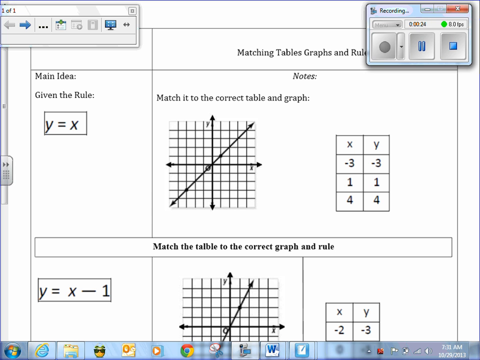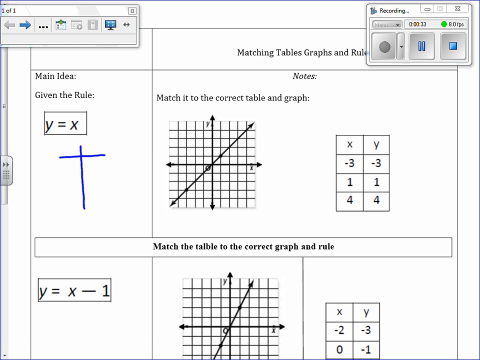Okay, so I have this rule y equals x. Now, what I could do is make a table of values, and we set up our x, we set up our y, and basically what I'm seeing here, if x is 1, y has to be 1.